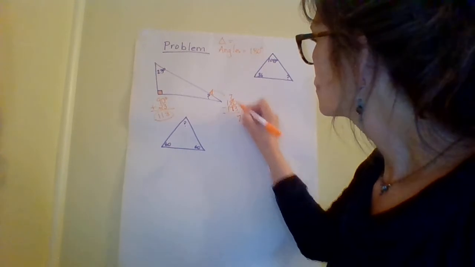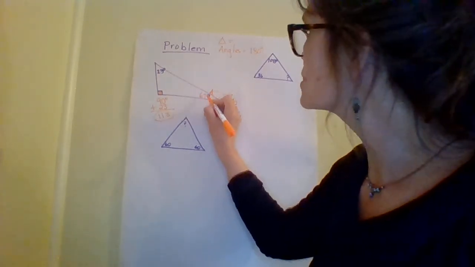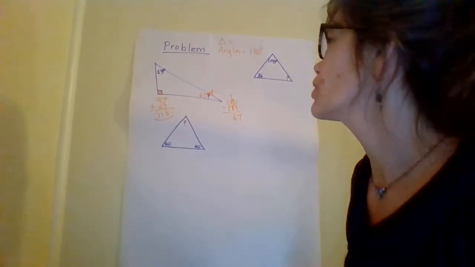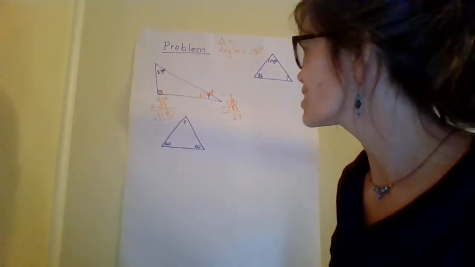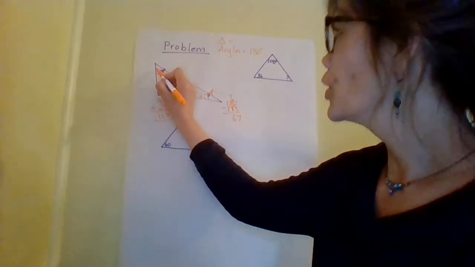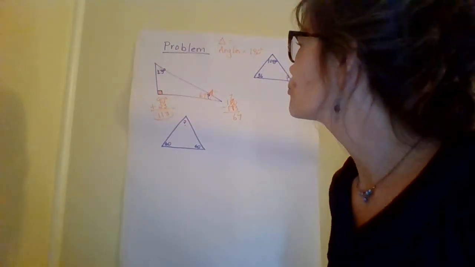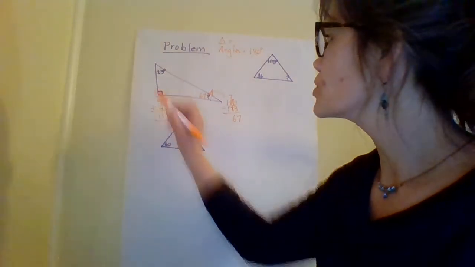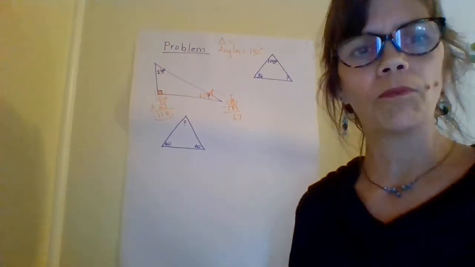So here we have 1 from 7 is 6, so this angle must be 67 degrees. If it's asking you if this triangle is isosceles, you could say no, because these two angles are not equal. Or if it's asking you if this is a right triangle, you could say yes, because it has that little box in it.